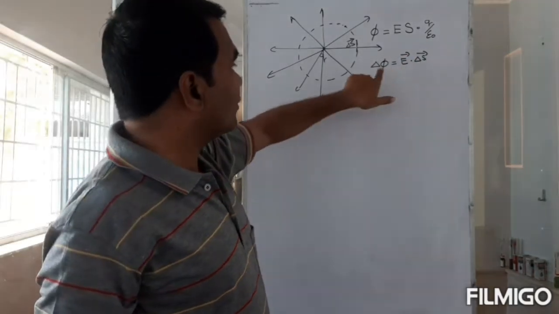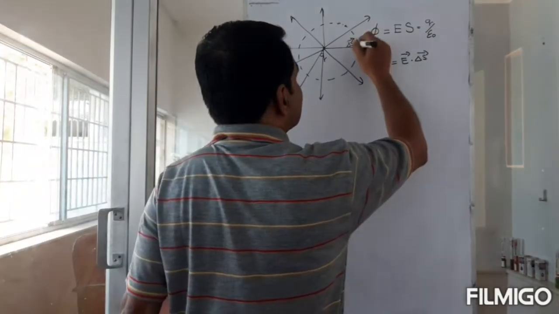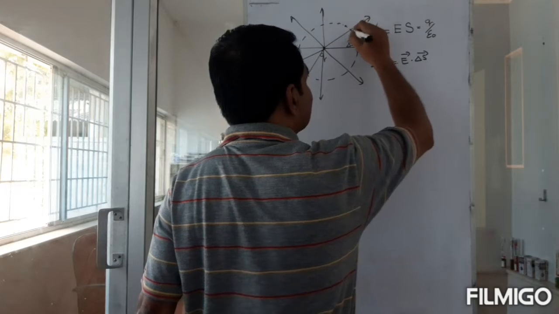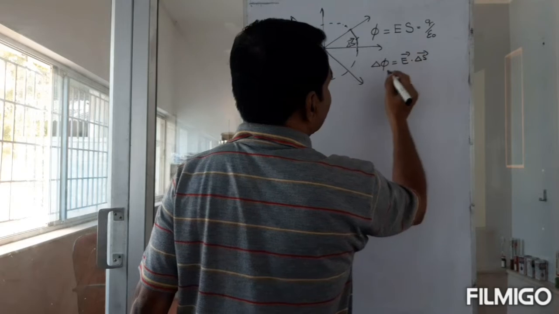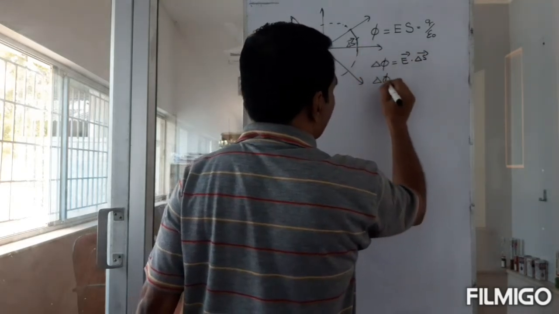Then how do I go from here to here? What should I do? I should take this delta phi and the delta S, and then I also should take another delta S here. Maybe it's delta S1. What is the flux coming out of this? I call this delta phi 1.